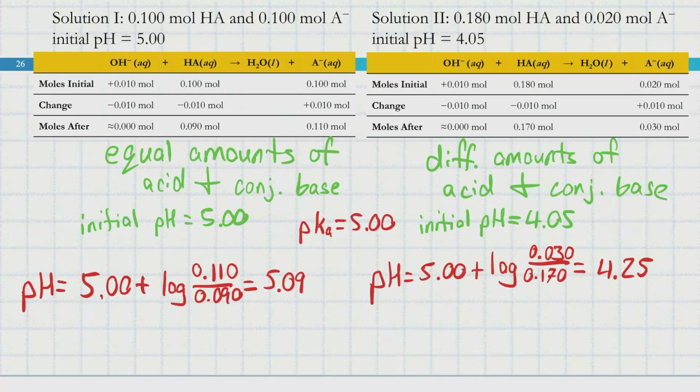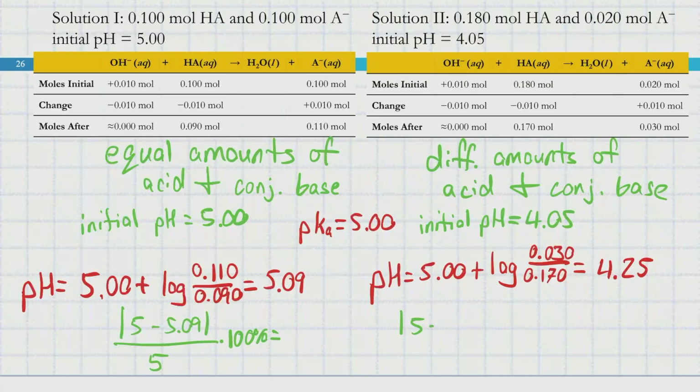And we want to look at our percent change. So this would be like percent error. 5 minus 5.09 over 5 times 100%.